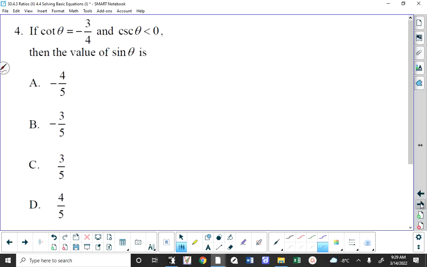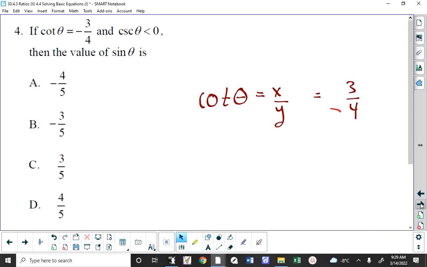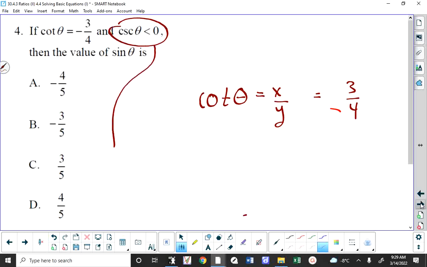Cotangent is x over y. We've already established that. So cotangent of theta is x over y, and it's equal to negative 3/4, and you have to decide, where does that negative go? Does it belong with the y or does it belong with the x? And you have to look at the fact that cosecant, which is, so now there's more thought going on.